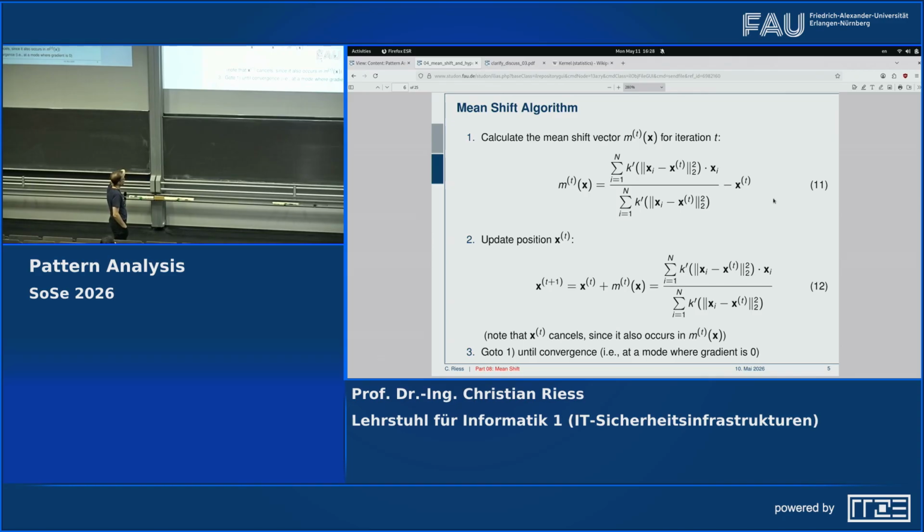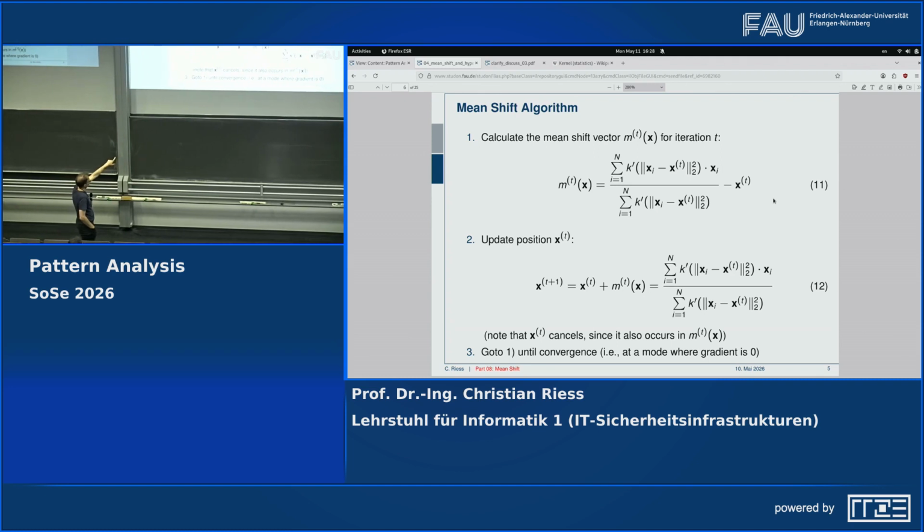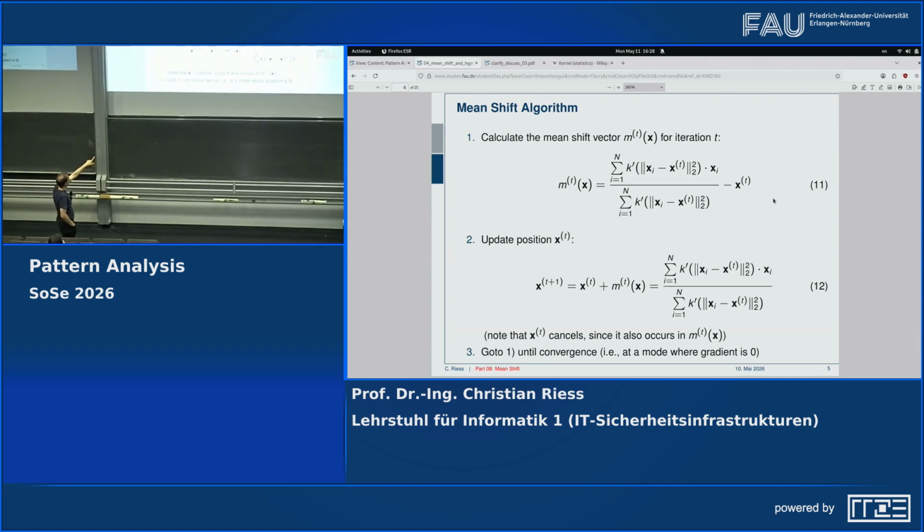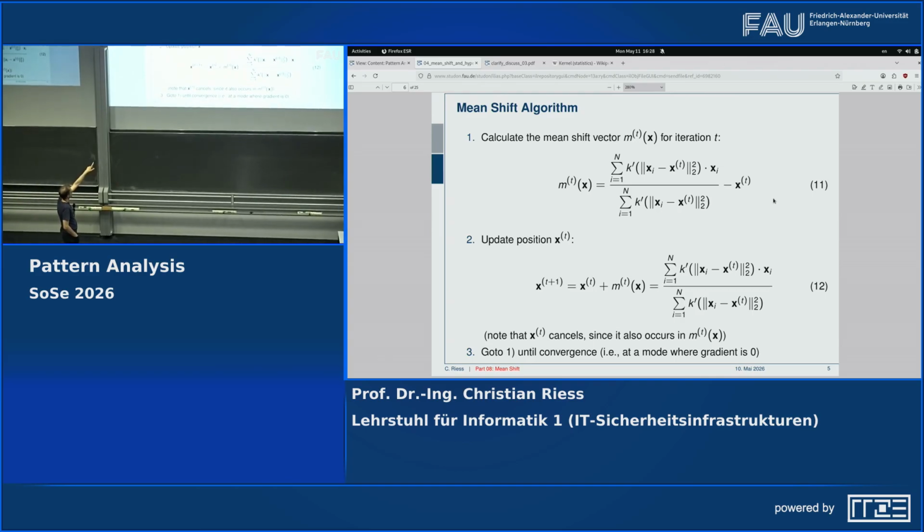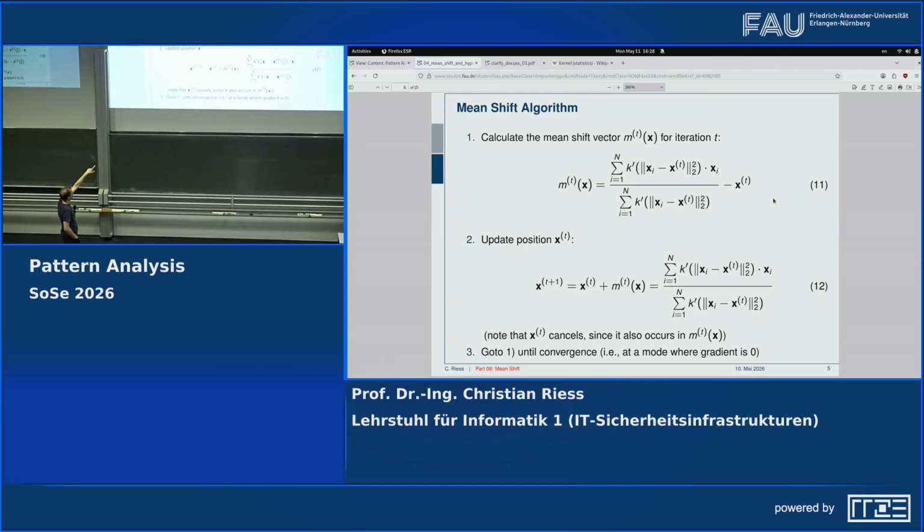What we can note here is that this xt cancels. If we have the mean shift vector from iteration t in equation 11, we have minus xt. If we plug this into equation number 12, there we have plus xt, so the xt cancels. It doesn't play any role in the calculation of the update position.